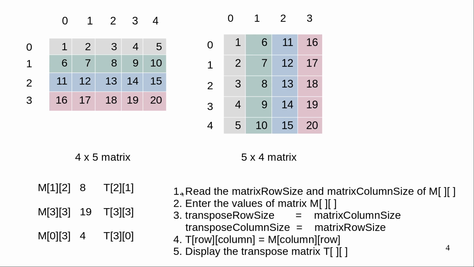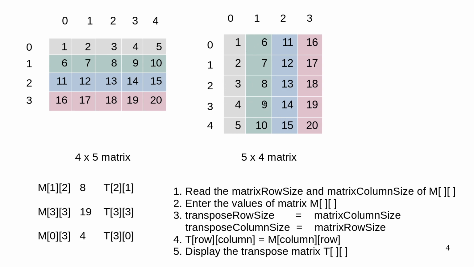If you look at the entire sequence, there are 5 major steps involved to read a matrix from the user and to display the transformed matrix back to the user. For example, let's consider that the user is planning to give this particular matrix M, and the program is supposed to give back this particular transpose as the output.